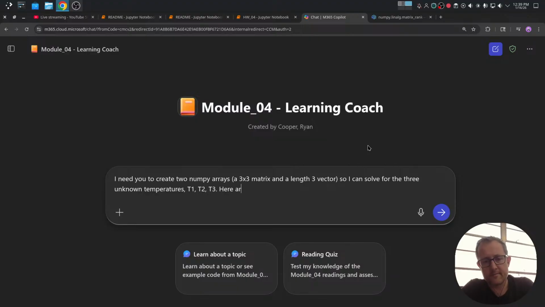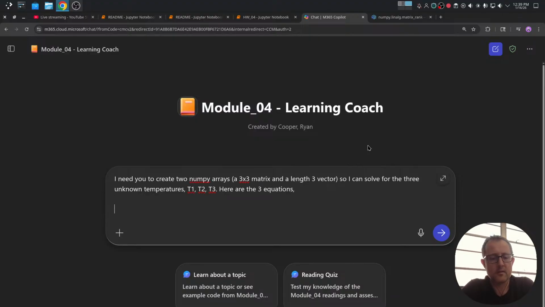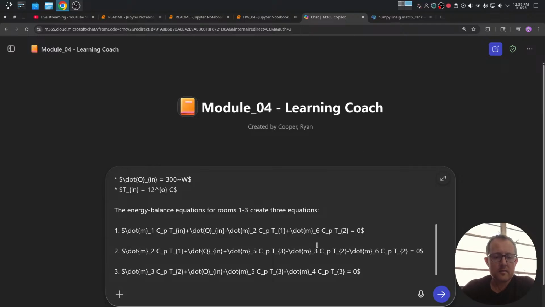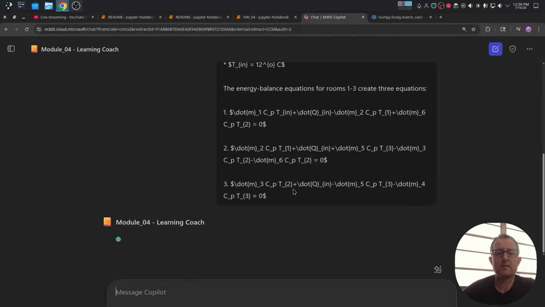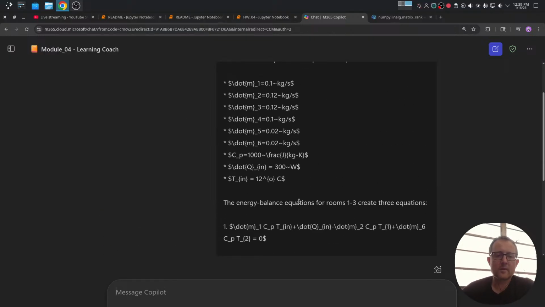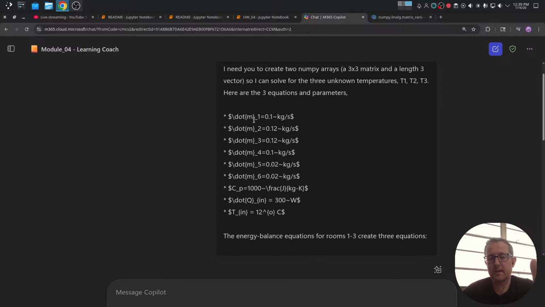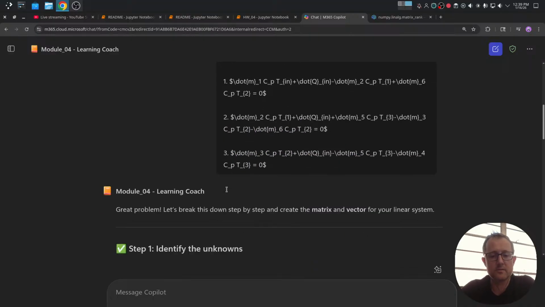Here are the three equations, and parameters. So again, I'm building something. It's less readable for me, but for AI, it has lots of LaTeX data, so it knows how to deal with that.